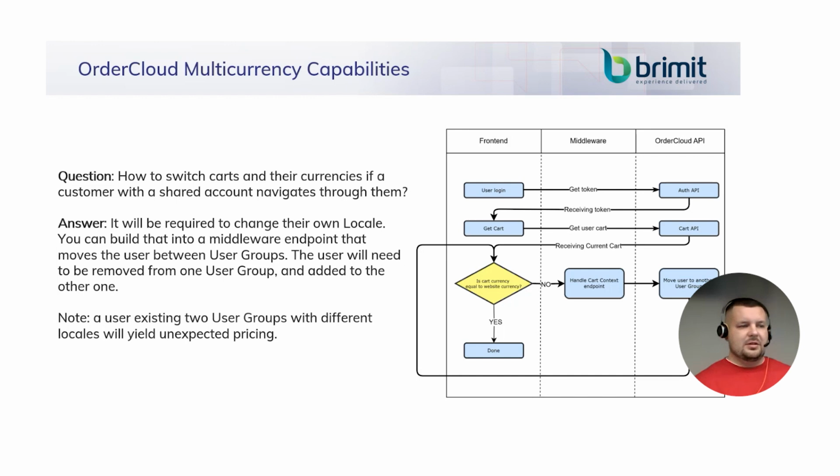When a user is requesting a token, basically going through the login process, we make a request to the OrderCloud API to get a token. Once we receive the token on the front-end side, we call the getCart endpoint from the OrderCloud API.